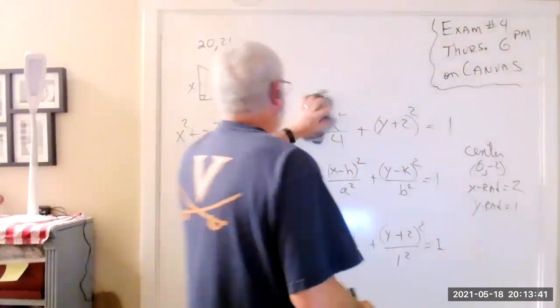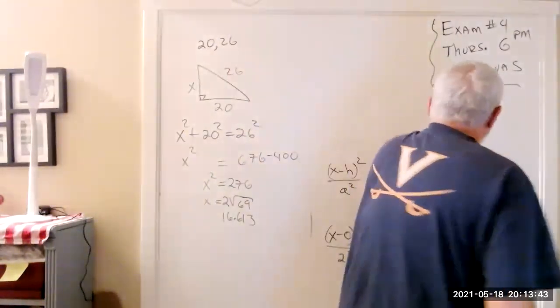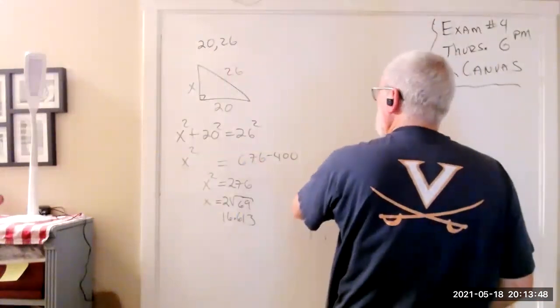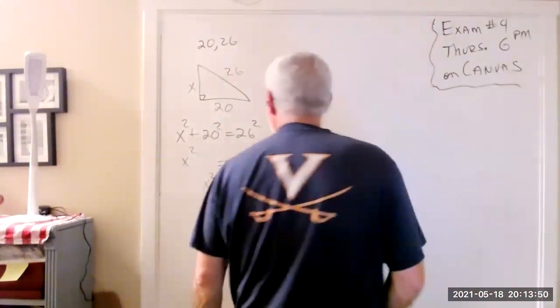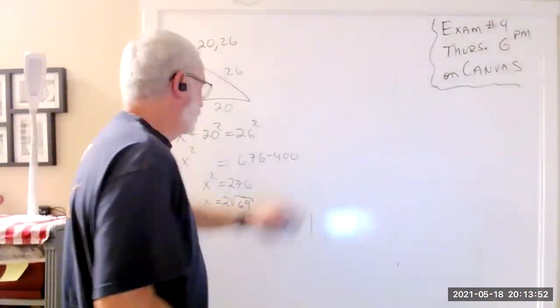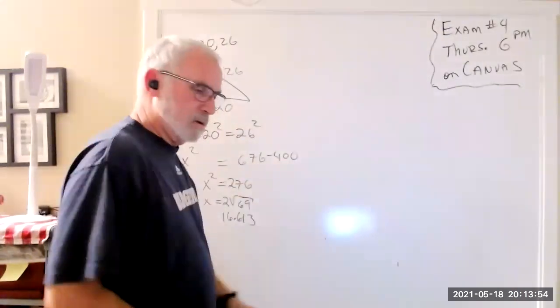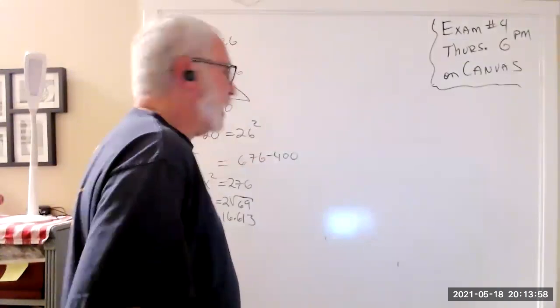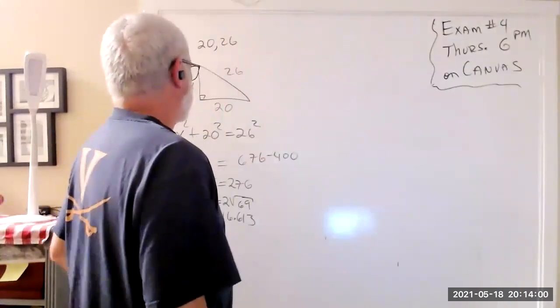Hang on. Was it one of those 30-60-90 triangles? Or is it a right triangle for sure? It doesn't say in the problem, it just says a triangle. Not even a right triangle. No, it just says a triangle.